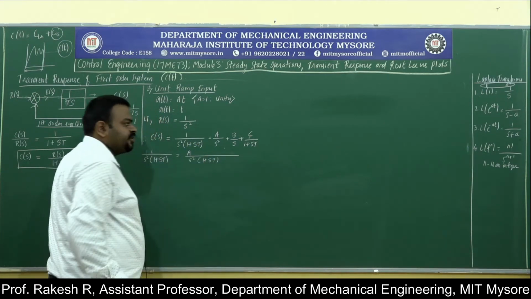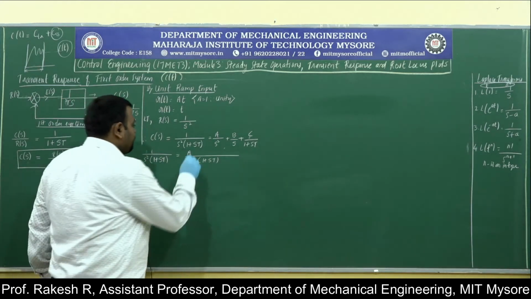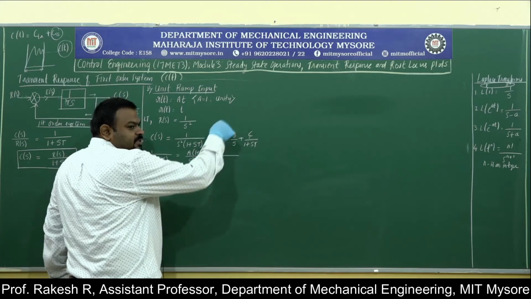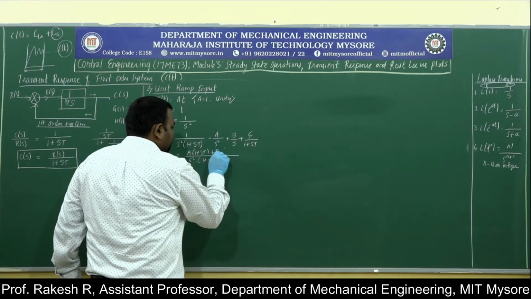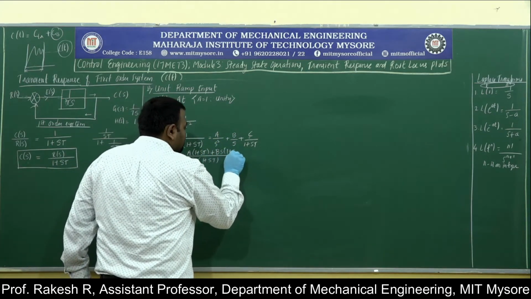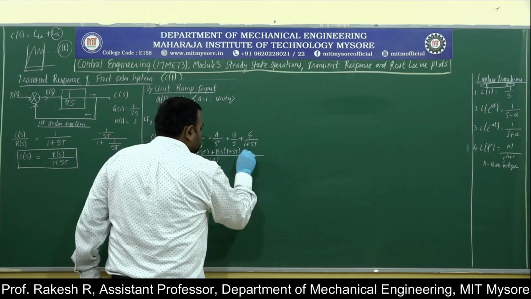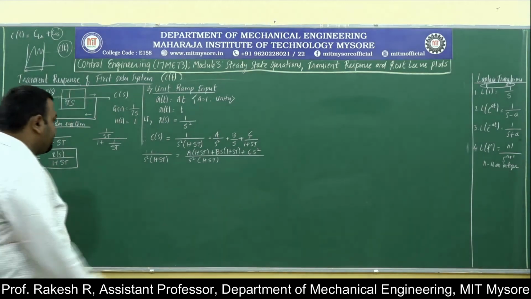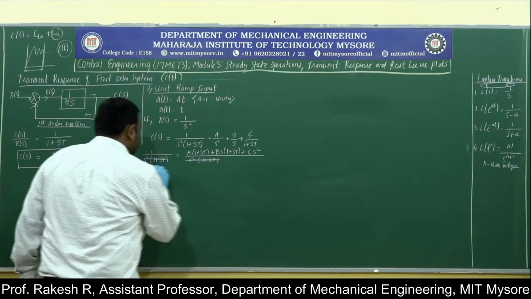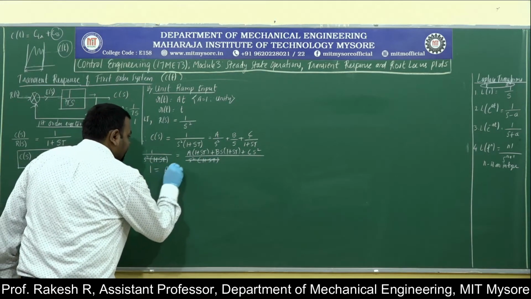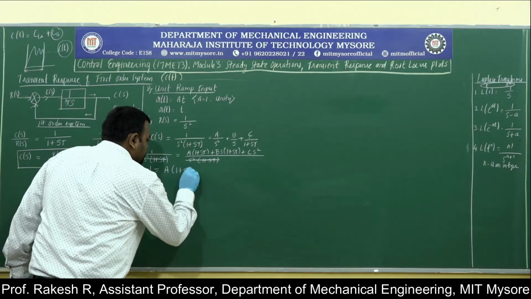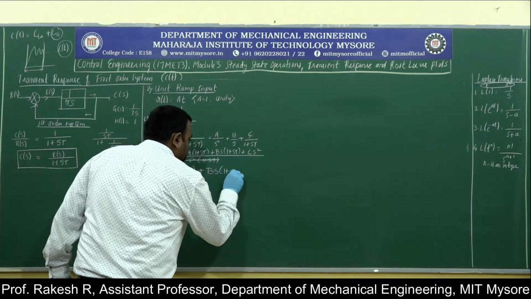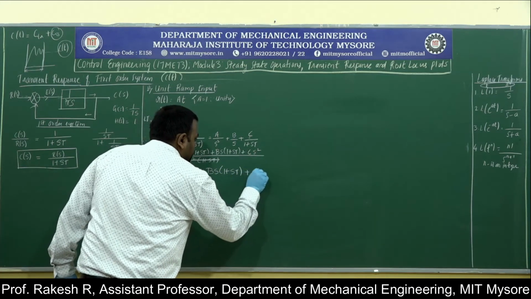So a into 1 plus st, as s square gets cancelled, plus bs into 1 plus st plus c s square. The denominators get cancelled: 1 is equal to a into 1 plus st plus bs into 1 plus st plus c s square.